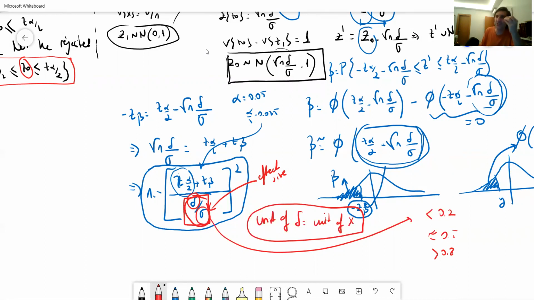This effect is related with two population cases. We apply a treatment, and compared to the reference case, which has a population mean of mu0, the population mean will change by an amount delta. But we normalize it with the standard deviation of the population, so that we see how much normalized change we have.